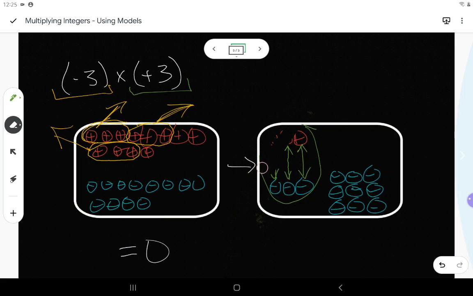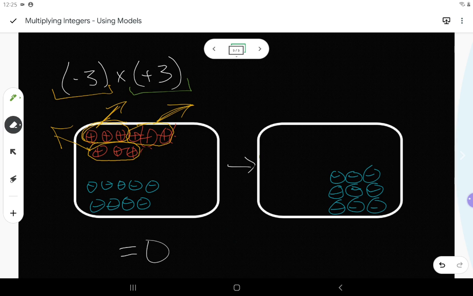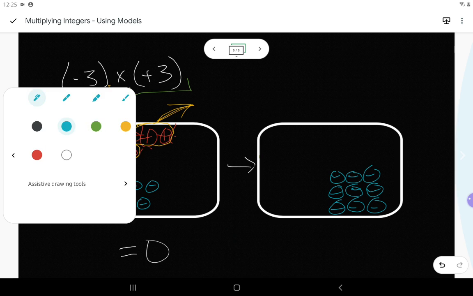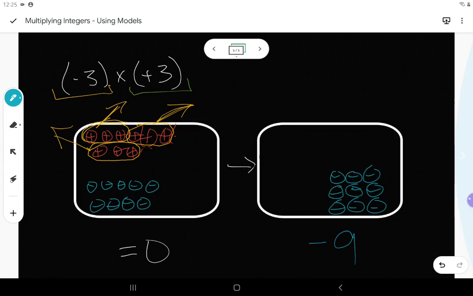I could erase them and I wouldn't change my value because their value was 0. So I added too many. I didn't need to have 12 red chips. I could have started with 9 red chips and 9 blue chips. And you can see now that we've got those 9 blue chips left over, and we get -9.